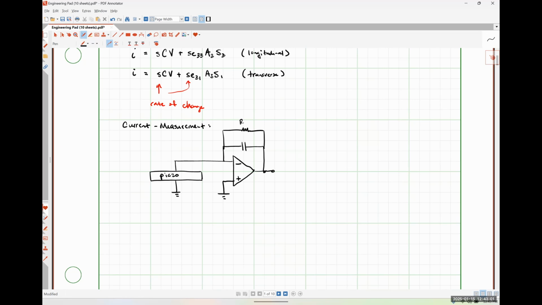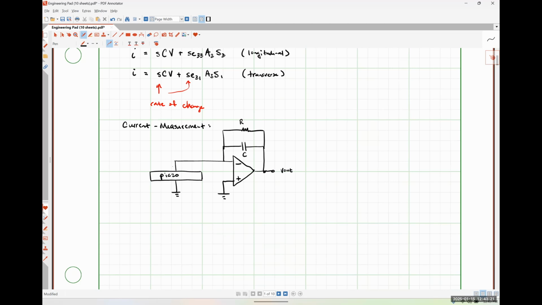So here I've got some feedback resistance R, and here I have some capacitance C. I'm going to have an output voltage here. So this is my effectively processed and amplified signal.